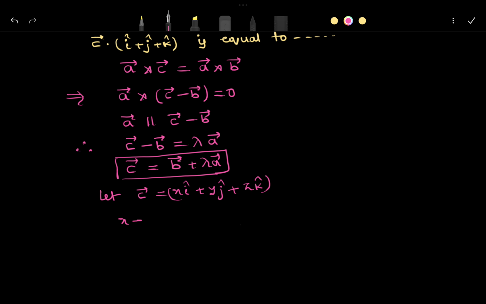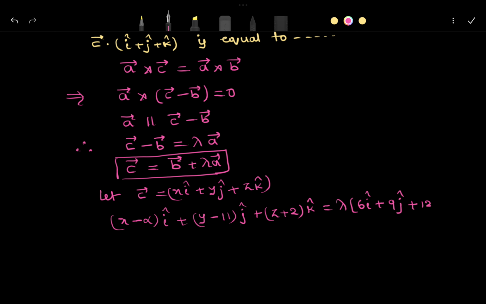So you can write (x minus alpha) i cap plus (y minus 11) j cap plus (z plus 2) k cap is equal to lambda times A bar. What is vector A bar? That will be 6 i cap plus 9 j cap plus 12 k cap.